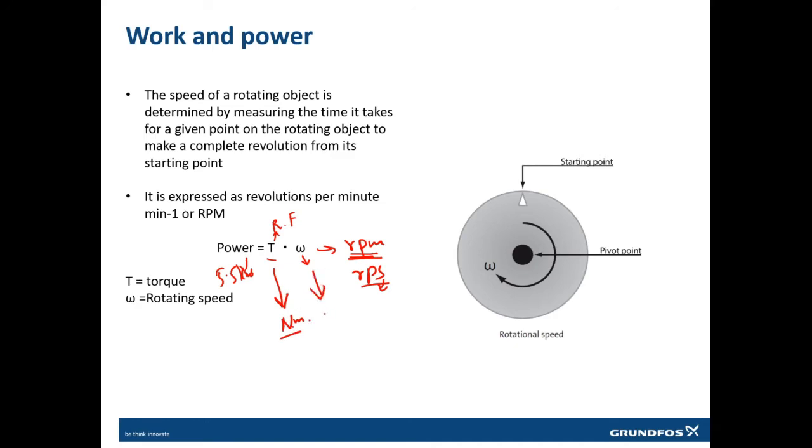The speed is also very important, because if the speed changes, the power is also changing. And as you can see, the torque and the speed are inversely proportional. That means if you want to increase the torque, you have to reduce the speed. Now I will give you a very simple example from the normal world, like a car.